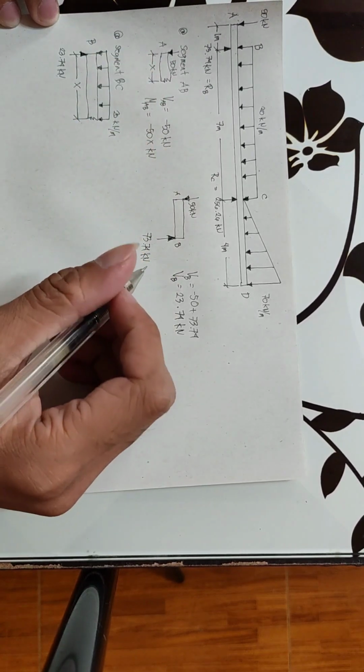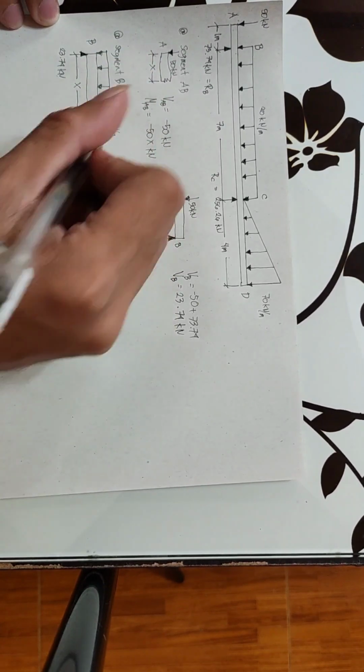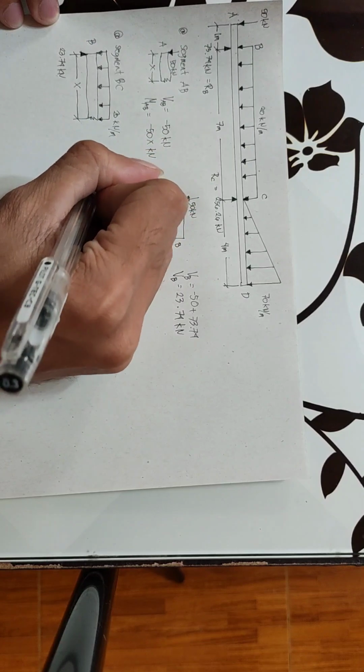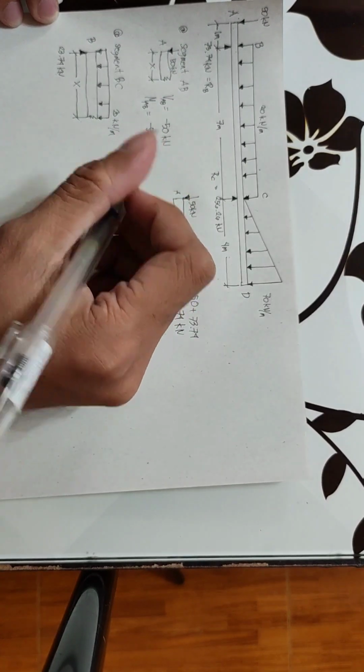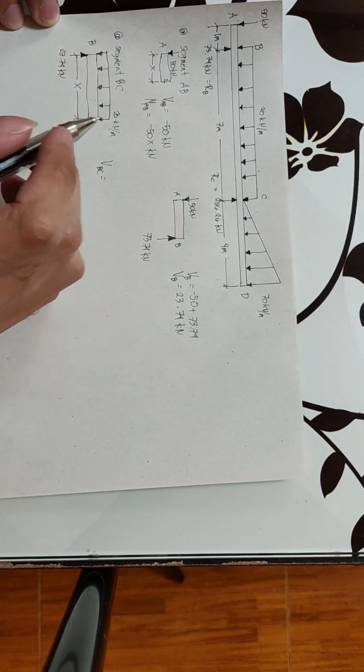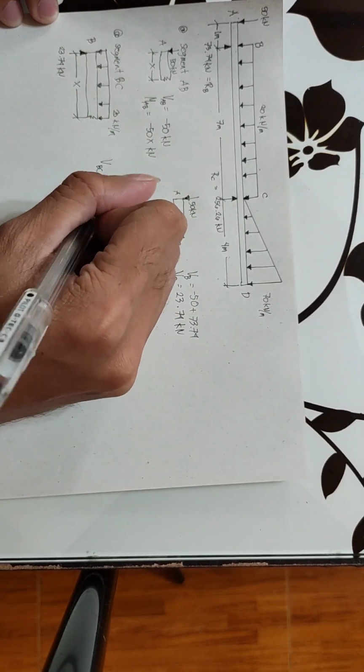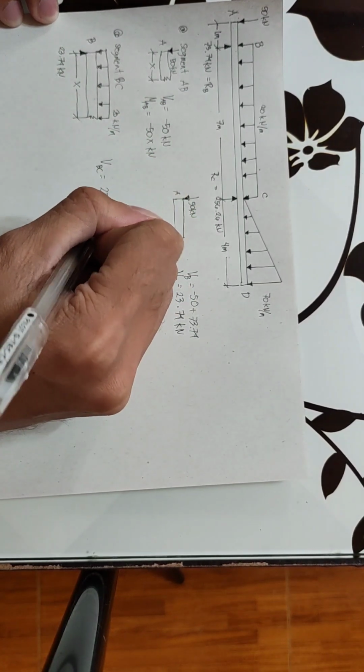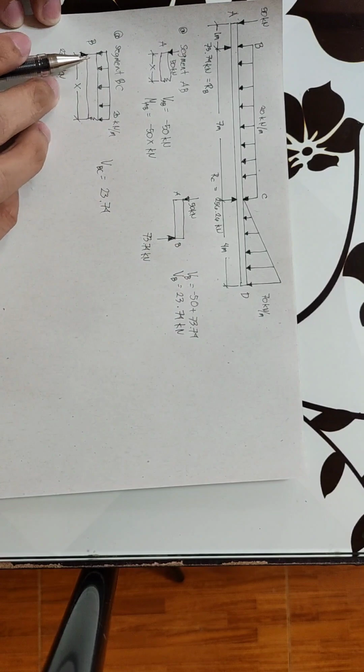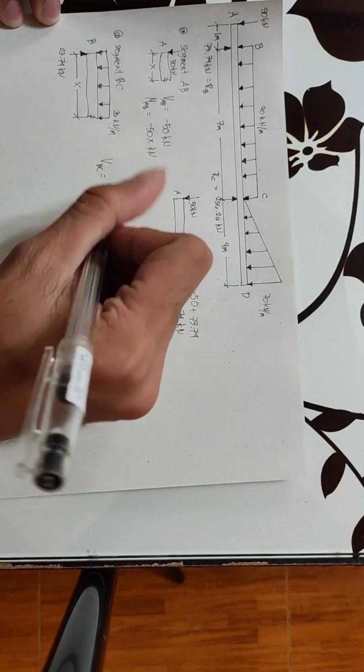So to solve for the shear at BC, there is a force upward, 23.74, then the uniform load is downward, so negative.